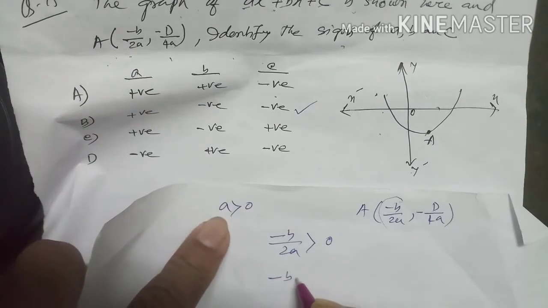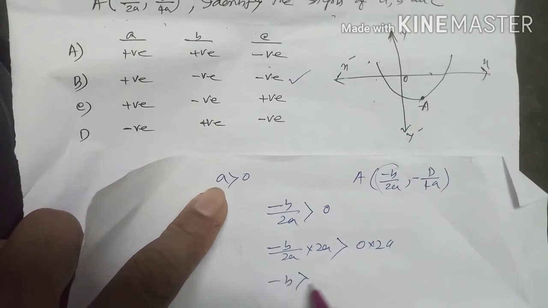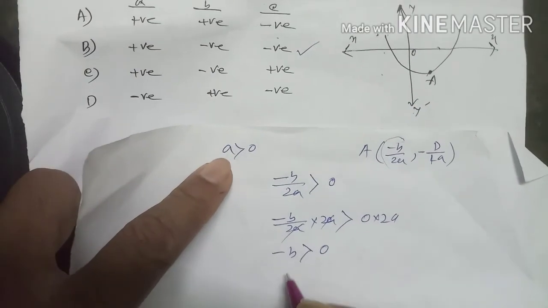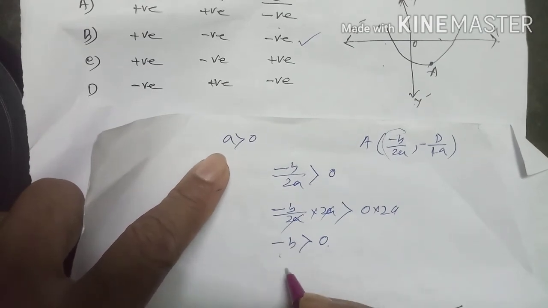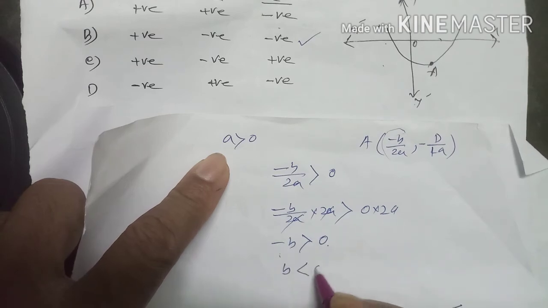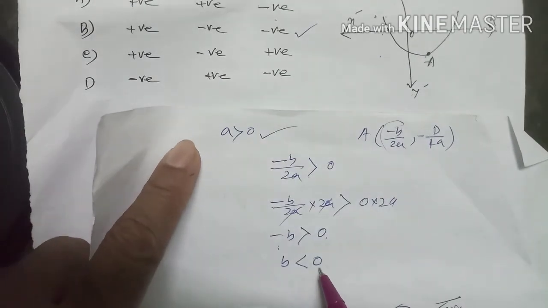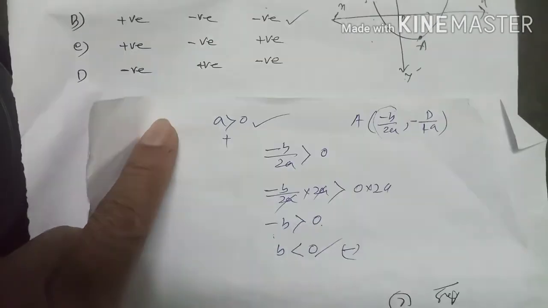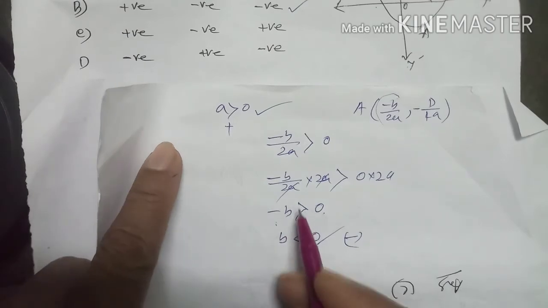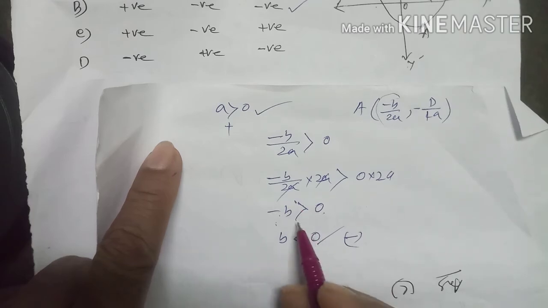Multiplying by 2a, minus b is greater than 0. Multiplying both sides by minus 1, b will be less than 0. Therefore, a greater than 0, b less than 0. That means a is positive, b is negative. Whenever both sides are multiplied by minus 1, the sign will be changed.